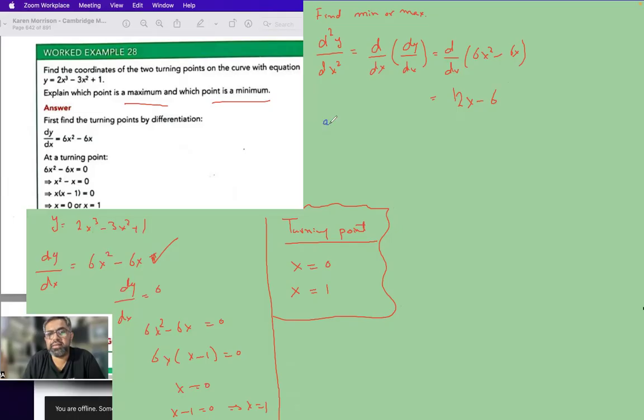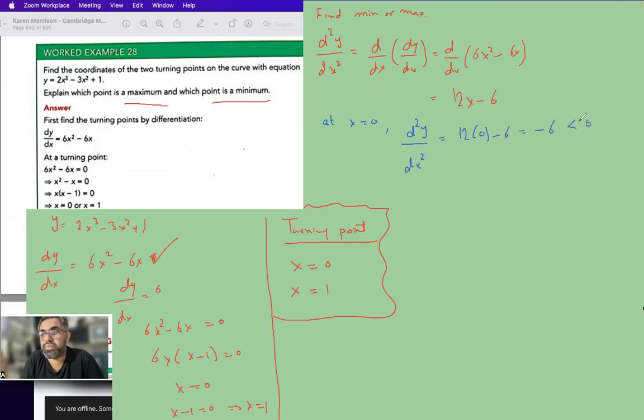At x is equal to 0, is d squared y by dx squared positive or negative? d squared y over dx squared is equal to 12 into 0 minus 6, which is negative. Is it min or max?